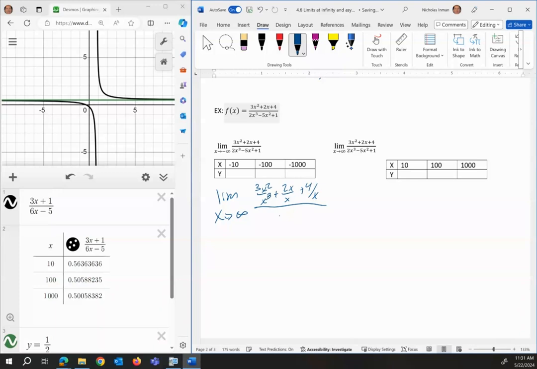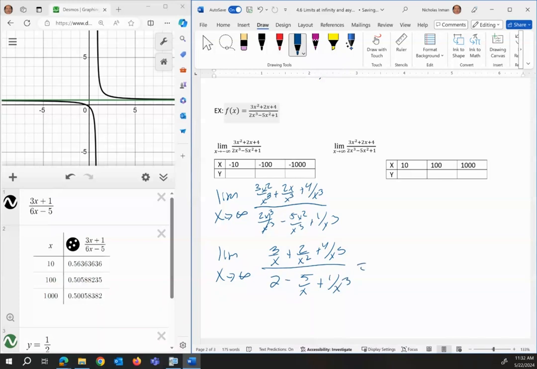Cubes is the highest power I see. I reduce: 3 over x plus 2 over x squared plus 4 over x cubed, over 2 minus 5 over x plus 1 over x cubed.